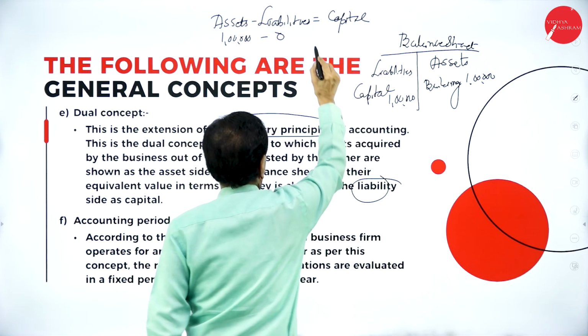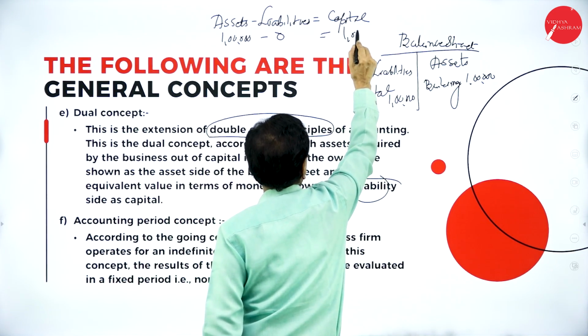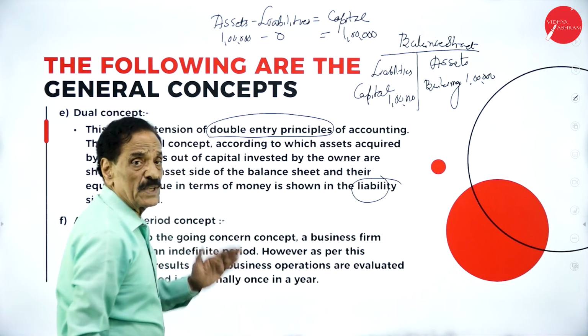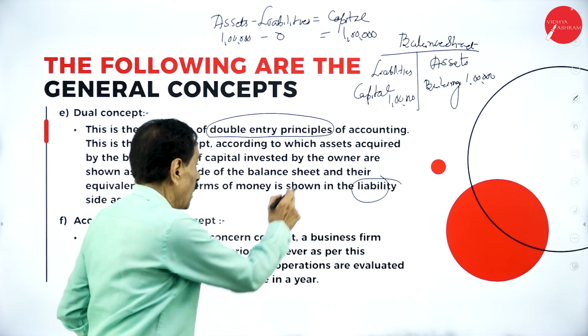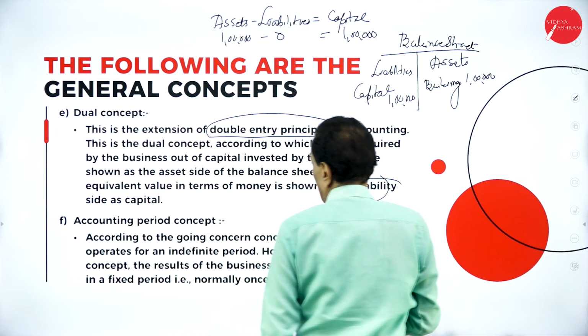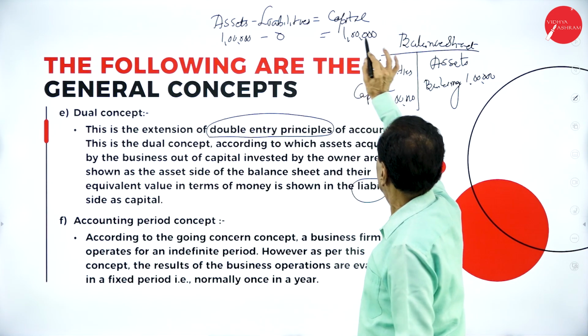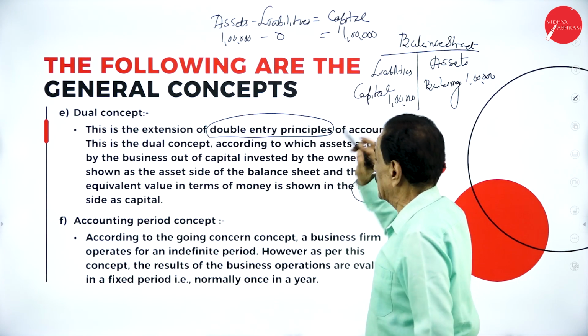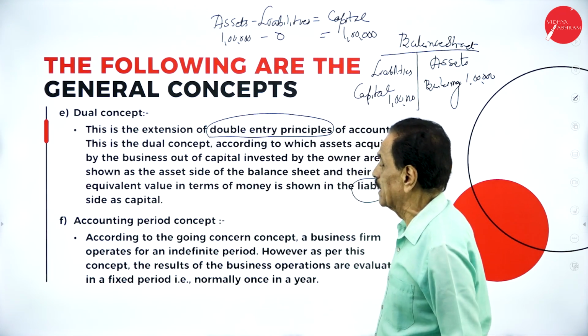So capital is also 1 lakh. That means our asset is our capital, or their equivalent value in terms of money is shown on the liability side of the balance sheet as capital. So building is 1 lakh, your capital is also 1 lakh. This is what this concept says.